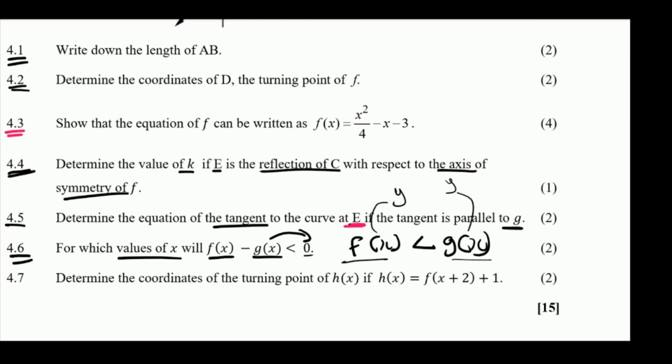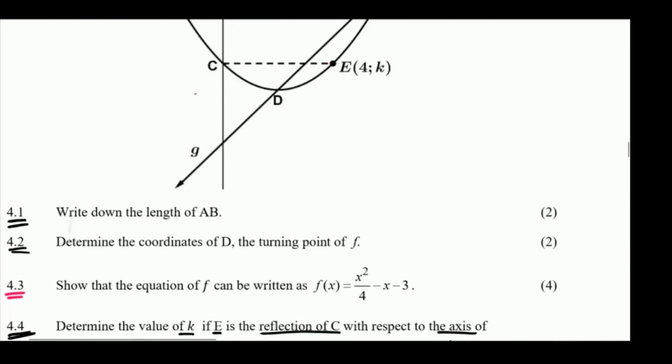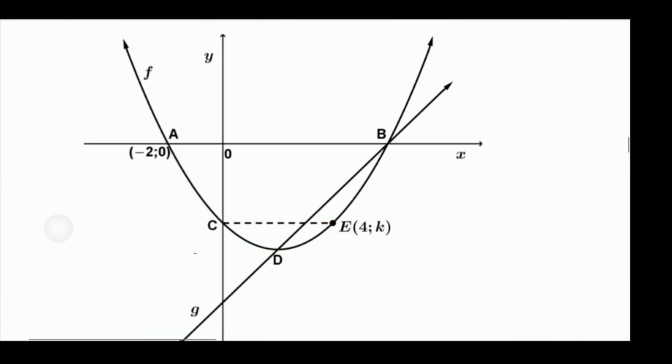So what we're going to look at here is a point, or points rather, where the graph of f is less than the graph of g, and we want the values of x when that happens. So remember that this is your graph of f, this is your graph of g. So we want a point where f of x is less than g of x. Where does that happen?